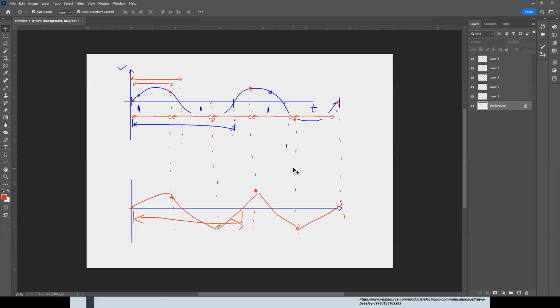So you would have to sample at least twice as fast as the frequency, so half of the wavelength, which means at least twice the frequency of a sampling rate than the highest frequency present in that signal.